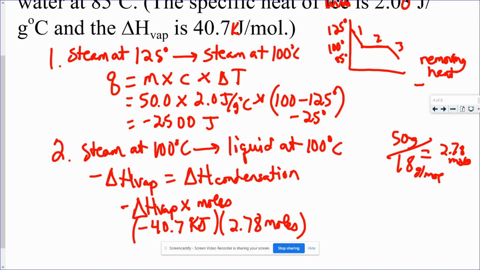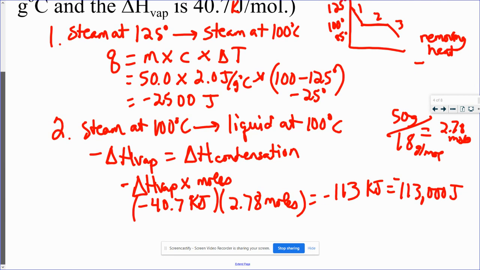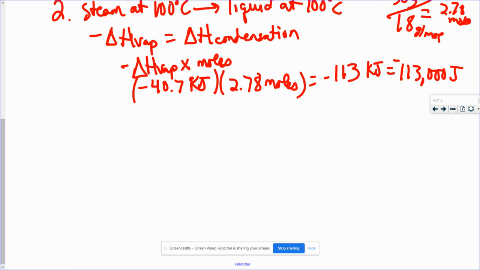So when I multiply those together, 40.7, and that's negative, times 2.78, that will be negative 113 kilojoules, which is 113,000 joules negative. Okay, so that's how much heat it takes to condense that much steam.